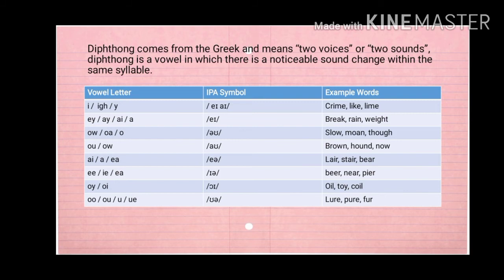And the last is oh. This diphthong creates sounds similar to sure, and most occurs with letter combination that include o. For example, lure, pure.